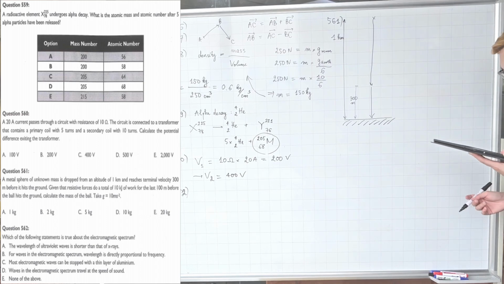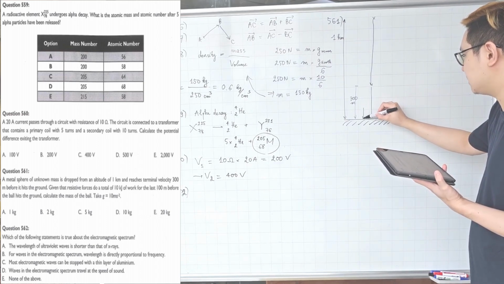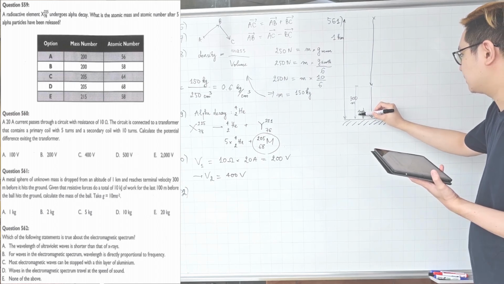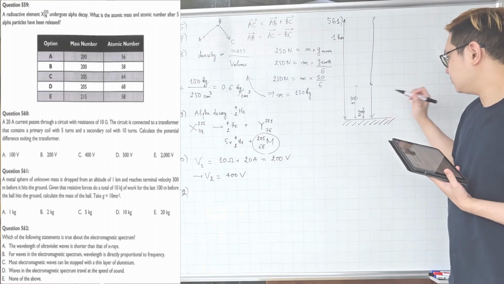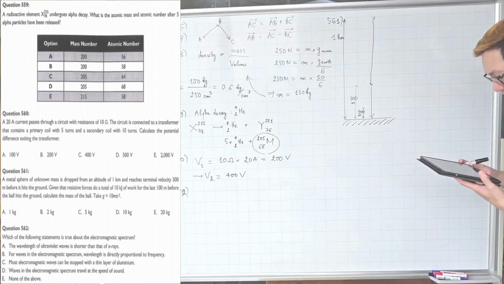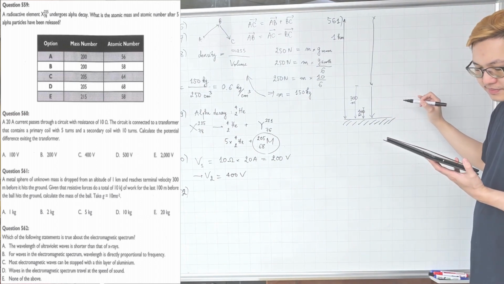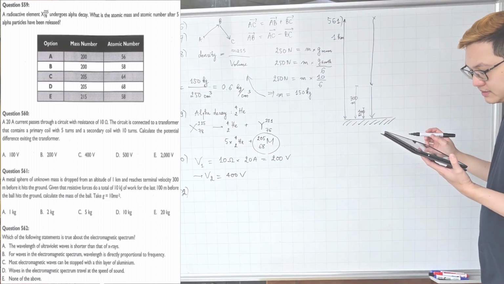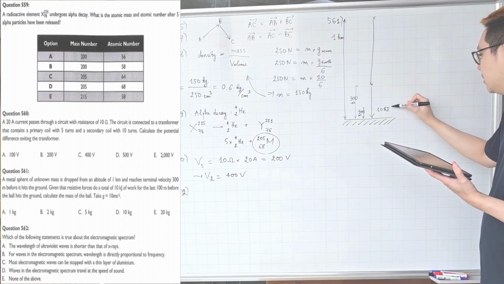Resistive force do a total of what? In the last 100 meters, okay. For the last 100 meters before it hits the ground, the resistive force does a total of 10 kilojoule of work.